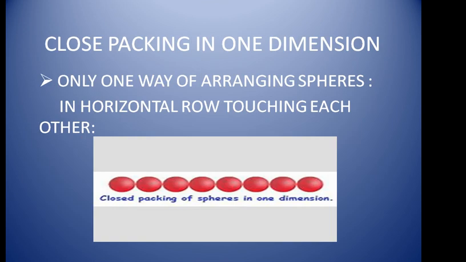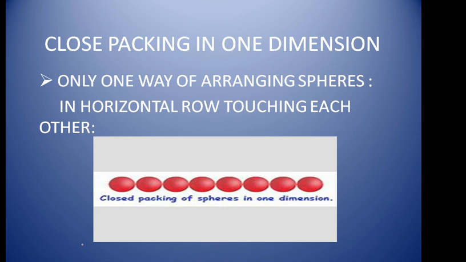So let's see close packing in one dimension. Though here we are considering the three-dimensional crystal lattice, initially we should start thinking from one dimension. Then it becomes easier to visualize or imagine.